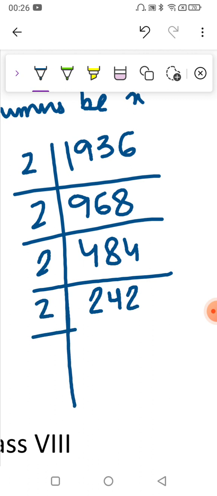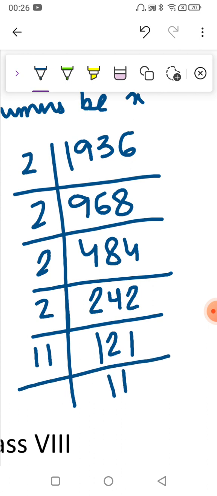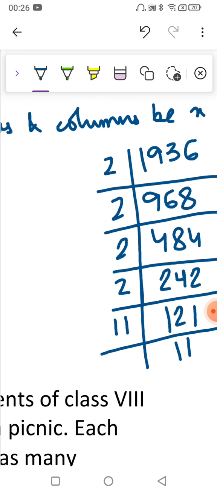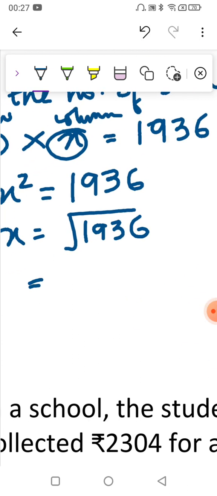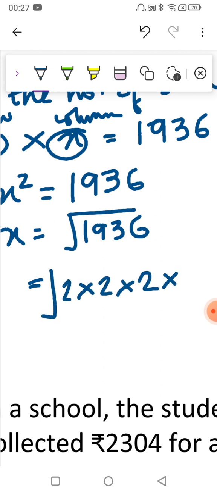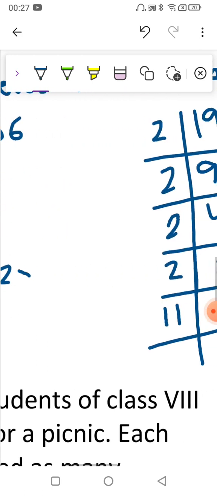Again with 2 we get 121 and 11 square is 121. So let's arrange it. We have got 4 2's and 2 11's.